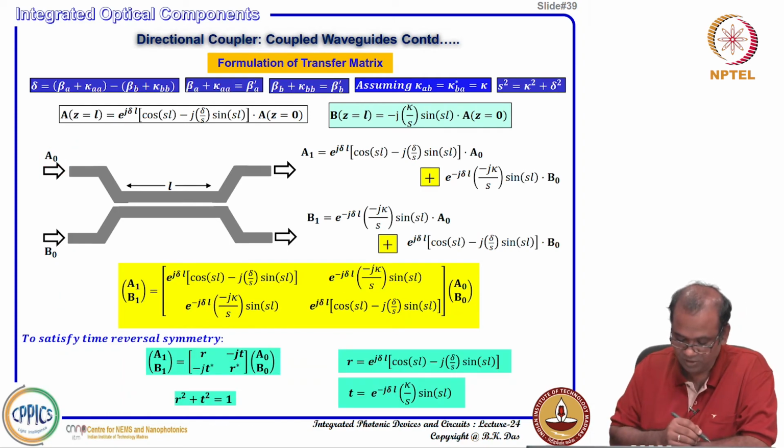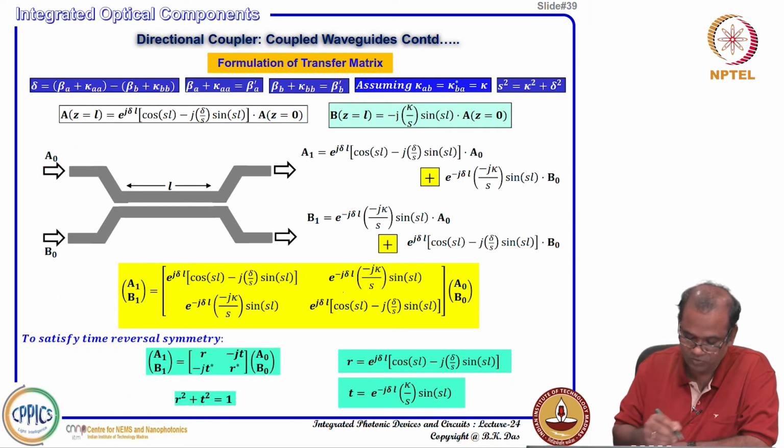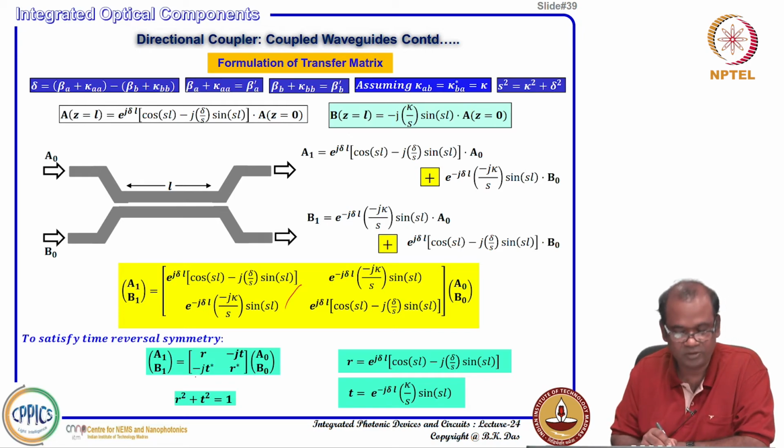In this form, if you write one additional thing, you will get something. You see, this is the same thing we have kept from before, but I keep the minus j, and then t star and r star, where r is this one and t is this one.